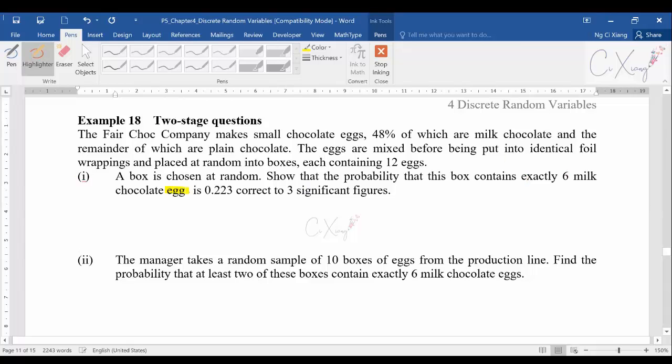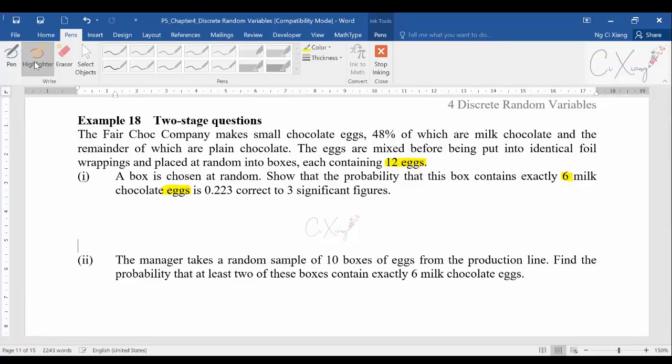For the first stage of the question, they are talking about the number of eggs. Something happened means milk chocolate, so you have exactly 6 eggs. What is the total number of trials? You have 12 eggs in a box, so the total number of trials should be 12. Then you want to calculate the probability X equals 6.